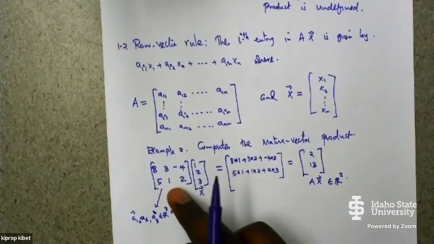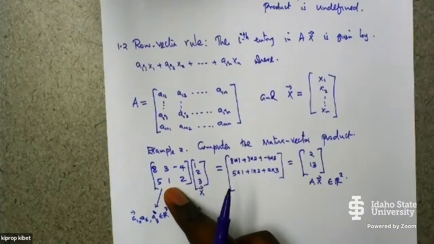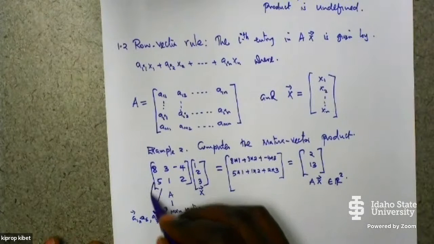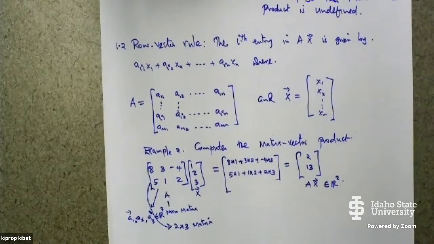So what is this matrix here? This is a 2 by 3 matrix, right? m by n: m is the number of rows, and n is the number of columns.